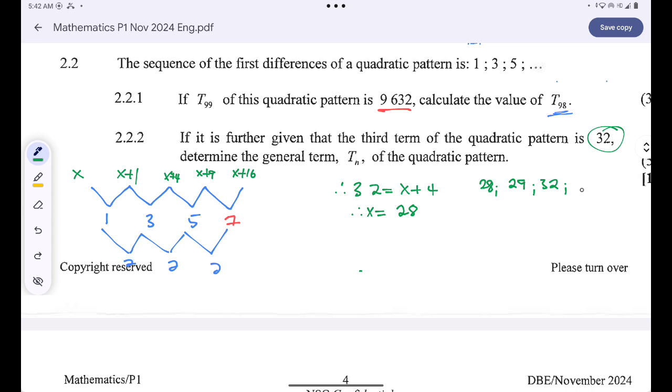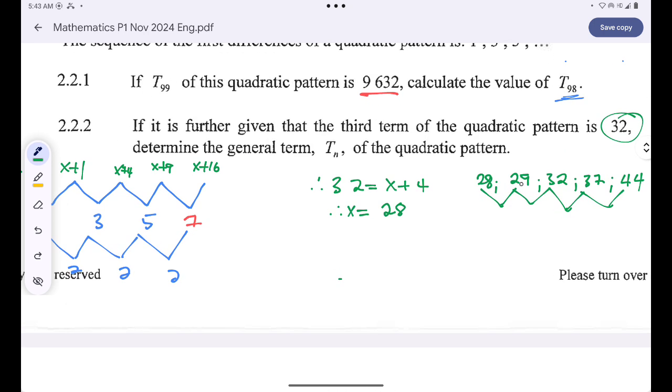And then 28 plus 9 is basically 37, and then 28 plus 16 will give us 44. So these will form our quadratic number pattern.